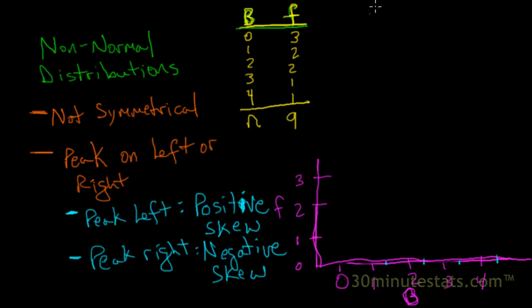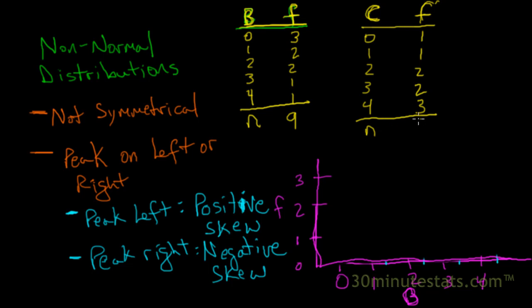We call this variable C, and we'll give variable C the following distribution. Its values are the same, 0, 1, 2, 3, and 4, and the frequency distribution follows this: there's 1 zero, 1 one, 2 twos, 2 threes, and 3 fours.